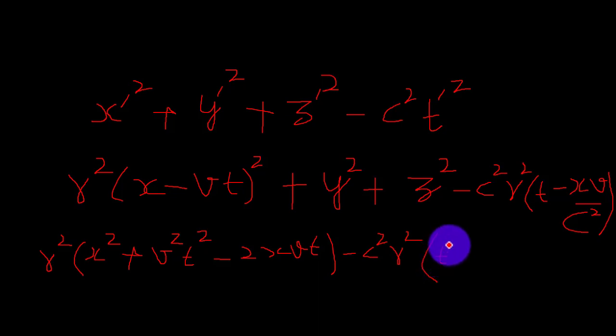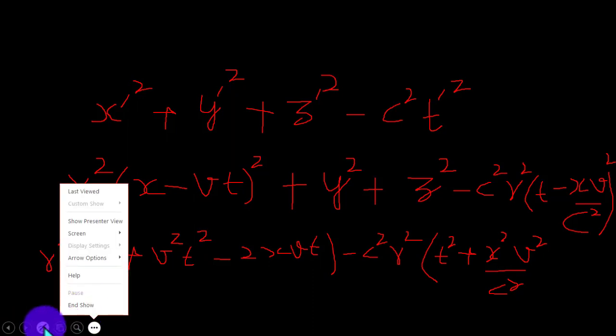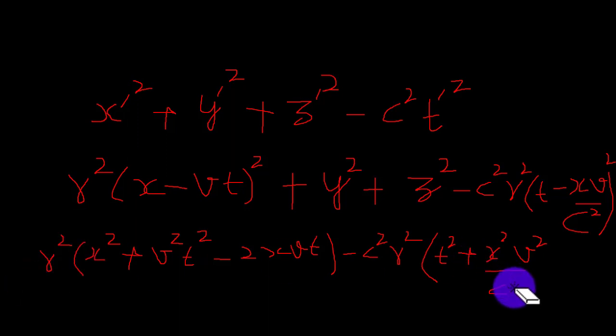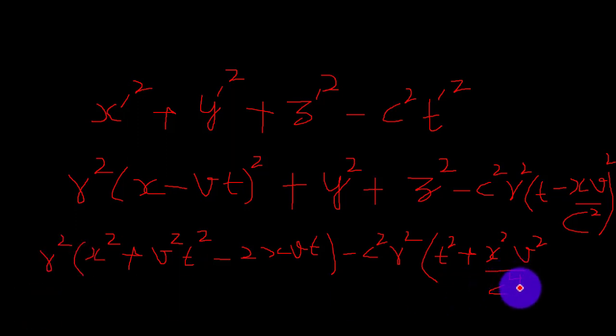The quantity will be t square plus, also consider the square here, x square v square upon c to the power four, minus 2xvt.